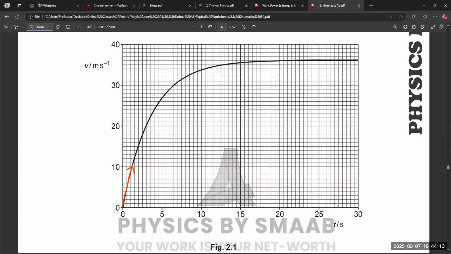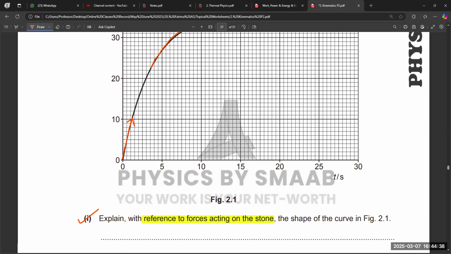And then we have a curved line, and this curve represents decreasing acceleration. And finally, we get a horizontal line. So this represents constant velocity, not acceleration, right? So this is for 3 marks, 3 points.